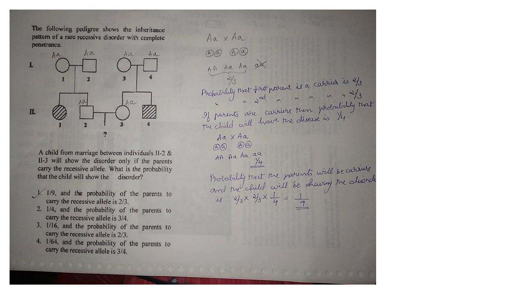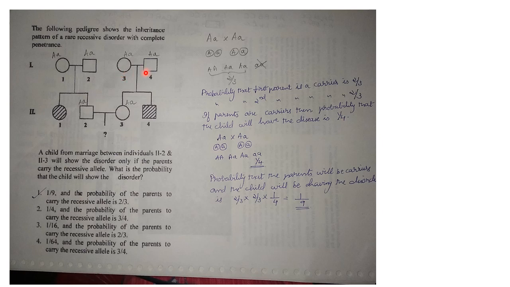What is the probability that the child will show the disorder? So here you can see, if this has to be disease, then the parents should be heterozygotes. Similarly here, if this one has to be disease, the parent should be heterozygote.